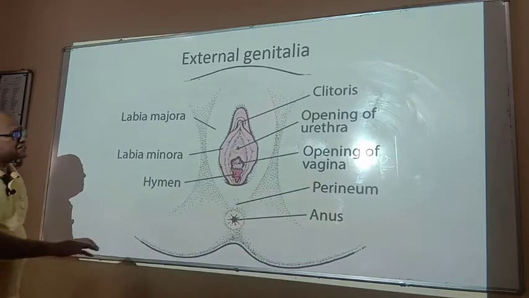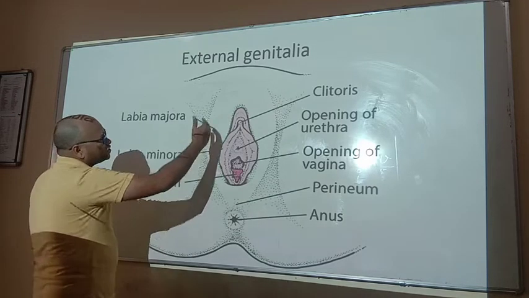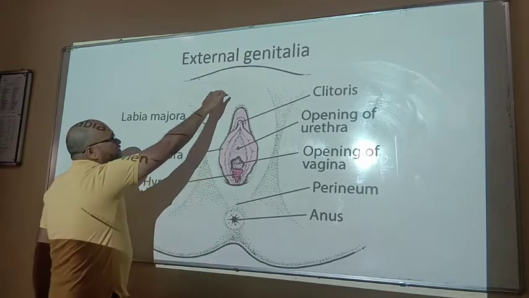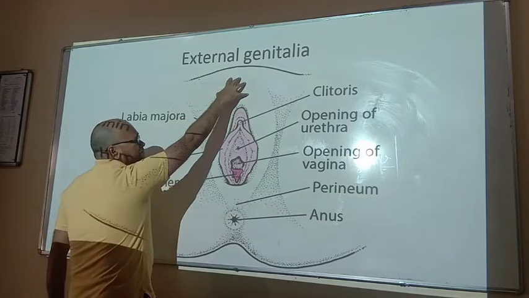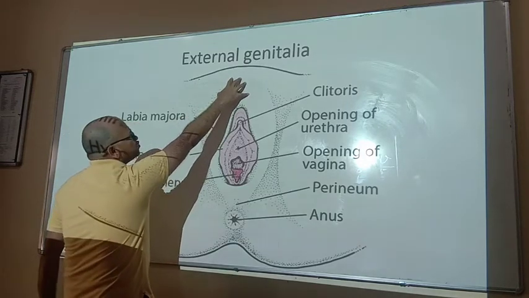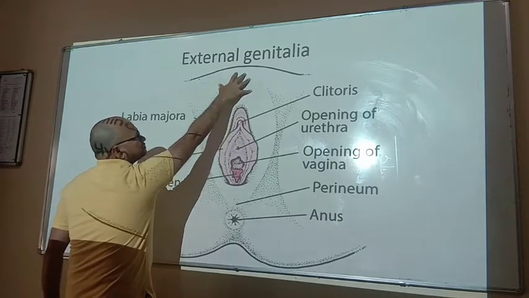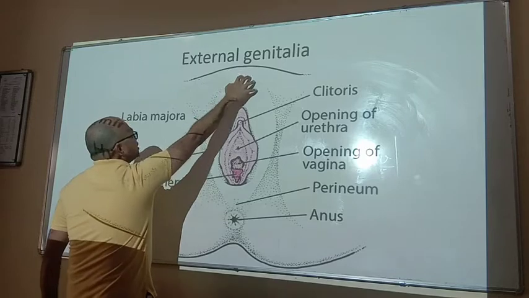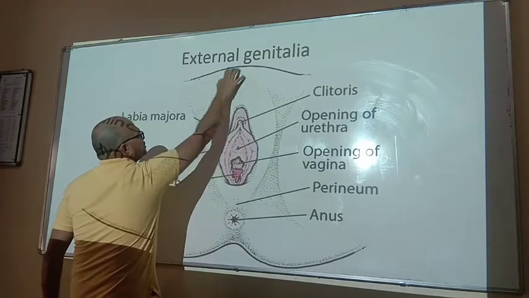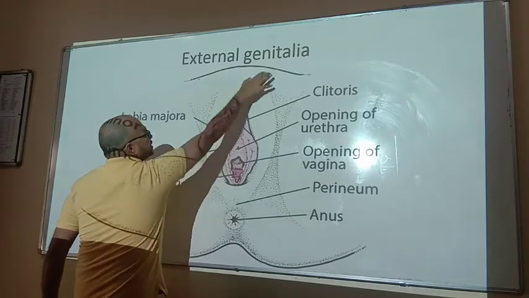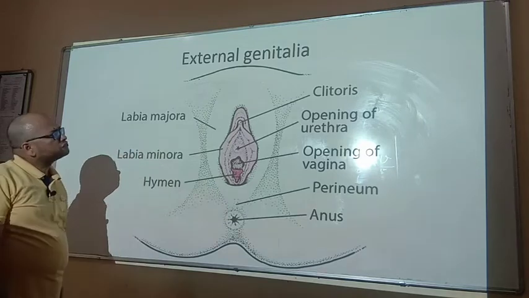Here in this diagram, just below the abdomen, a fleshy muscular structure is found above the vulva, that is called the mons pubis. This area is called the mons pubis.